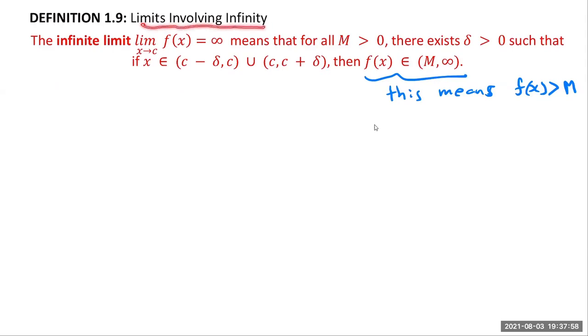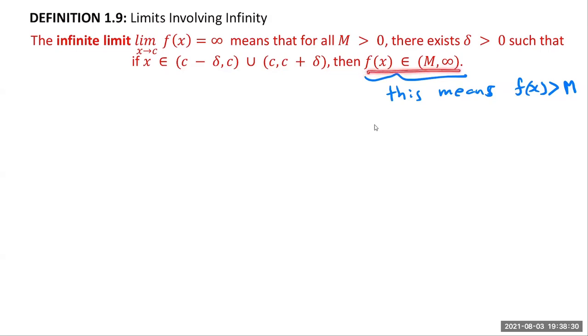Limits involving infinity. Here is the definition of the infinite limit. Limit as x approaches c of f of x is equal to infinity means that for all m greater than 0, there exists delta greater than 0 such that if you choose your x in this delta punctured neighborhood, delta punctured interval, then your f of x should fall in this interval m comma infinity.